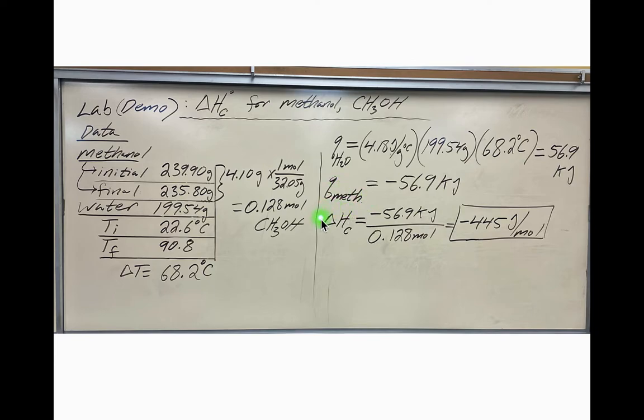And then to calculate the enthalpy of combustion, it's going to be the heat released by the methanol divided by the number of moles of the methanol, and that would give us a negative 445, that should say kilojoules per mole. Change that to kilojoules per mole.